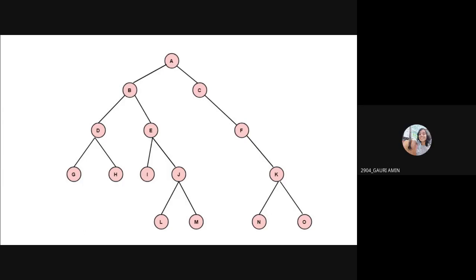Ma'am, the form is not opening. So you may leave if you have marked your attendance. We'll discuss it tomorrow. Ma'am, the form is not opening. What is not opening? The form. Oh, why?